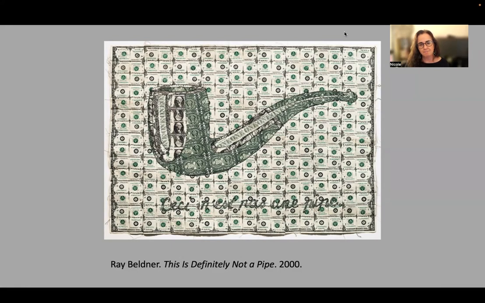So the point though is that representational painting and art really has a complex relationship to reality. And I say the other important thing would be that artists never merely depict a thing, like even the Harnett pipe. It was not just for the sake of creating the illusion of a pipe.